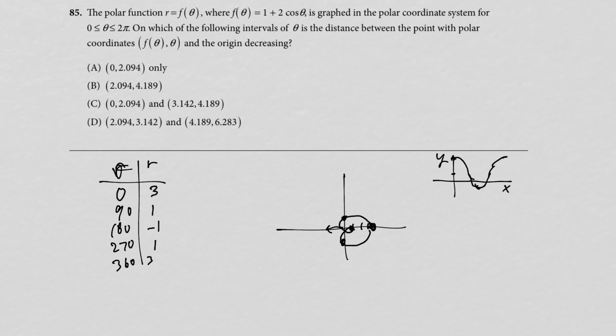On which of the following intervals is the distance between the point with polar coordinates r, theta, and the origin decreasing? So you see how, if I only zoom in a little bit, this is kind of like a big line, and then this is smaller, smaller, smaller.